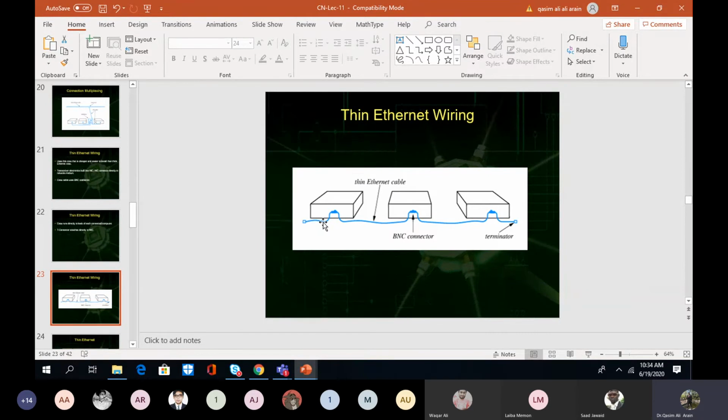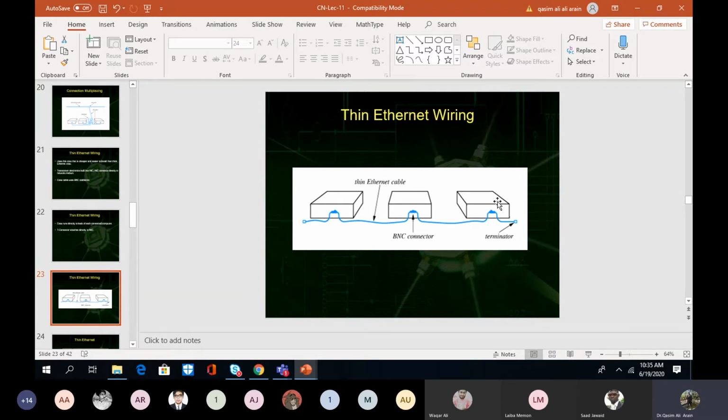And this is the wire, and this is the BNC connector. ये आपका जो BNC connector है ना, that is attached with your NIC card, and this wire, and with this network interface card, and so on, right? This is how your thin Ethernet topology or structure would look like, right? Hopefully that is clear.